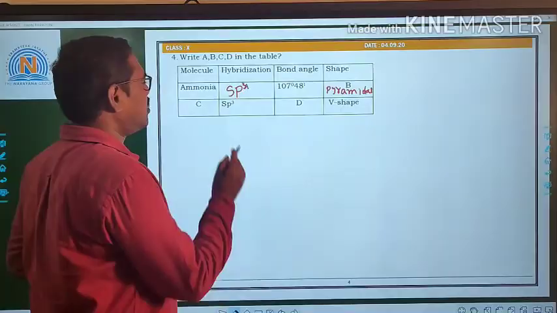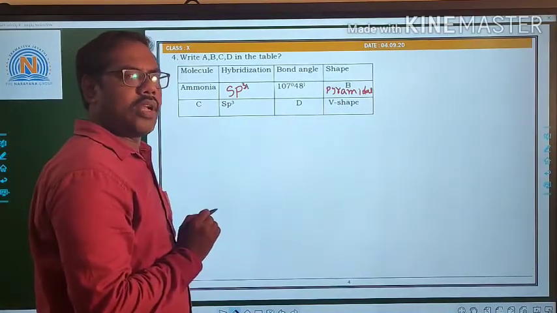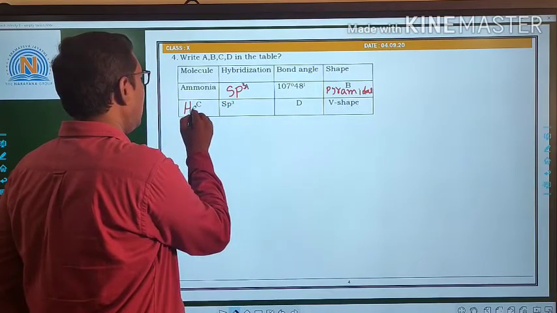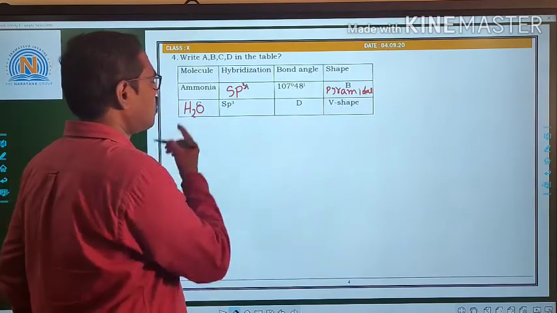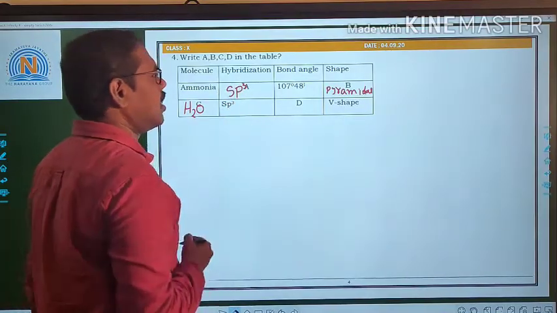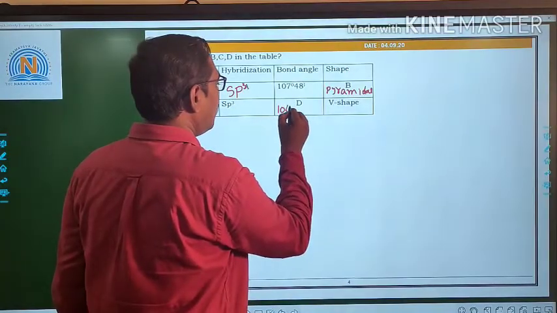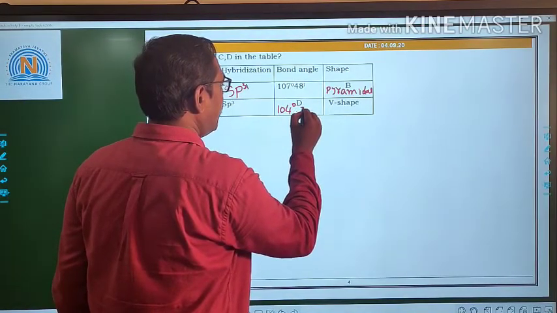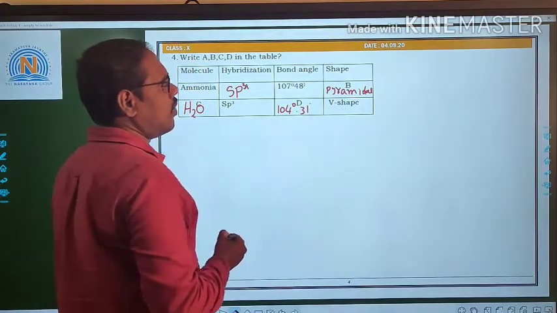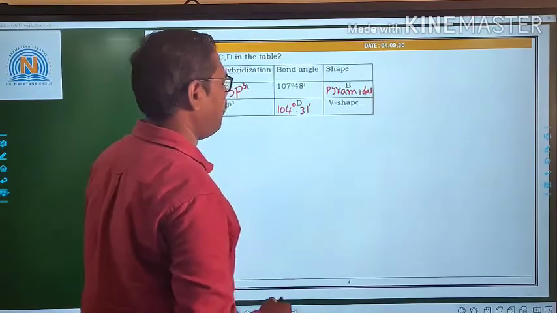Next, here C, they gave the hybridization sp3. One more example for sp3 hybridization, the water molecule, formula H2O. So C is H2O and hybridization is sp3. Bond angle is 104 degrees 31 minutes. So answer D is 104 degrees 31 minutes and shape is V shape.